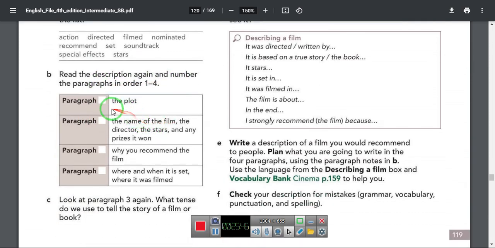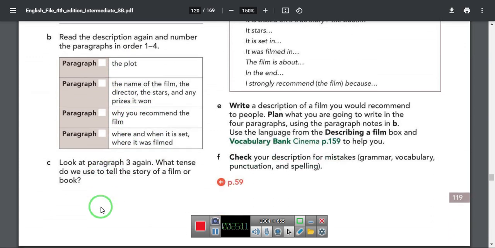Обозначьте параграфы, где дано the plot, основная часть, the name of the film, the director, the stars and any prizes it won, and why you recommend the film, where and when it is set, where it was filmed. Итак, нужно поставить параграфы в правильном значении, с чего начинается, с чего заканчивается, чем продолжается. Посмотрите на третий параграф. Look at the third paragraph again.